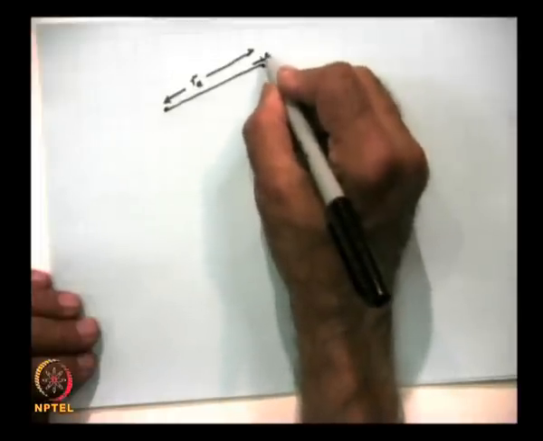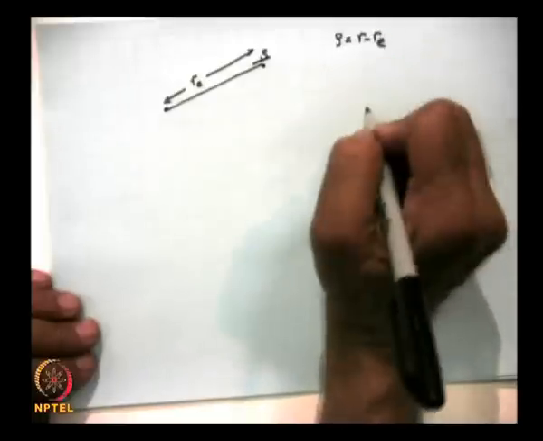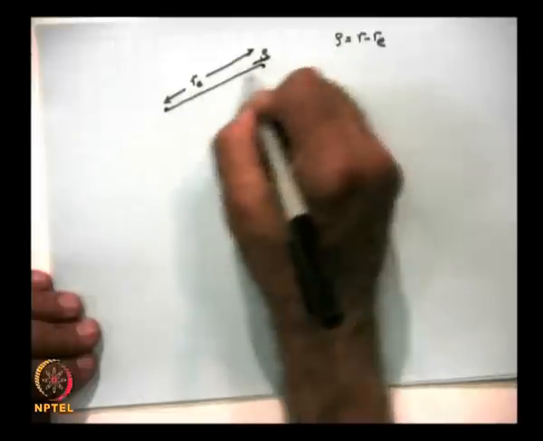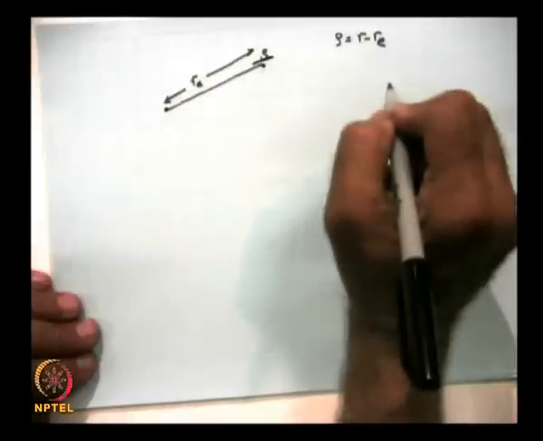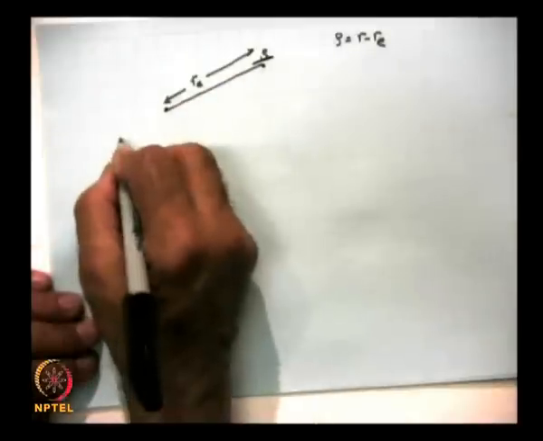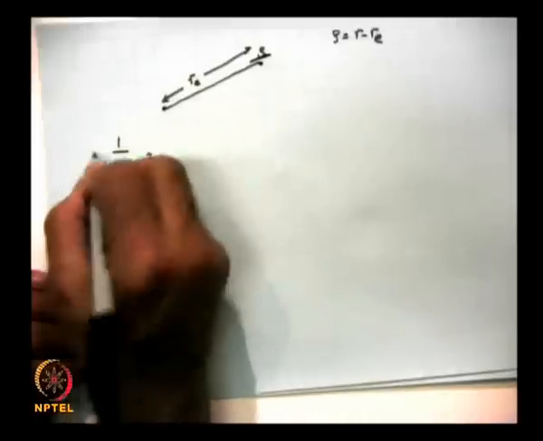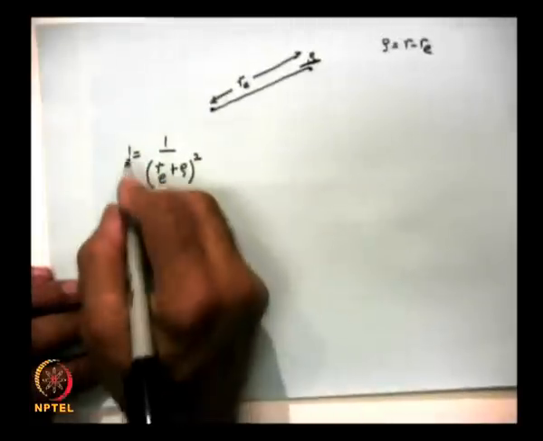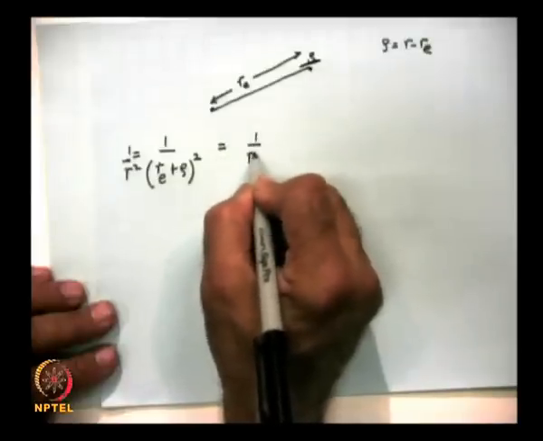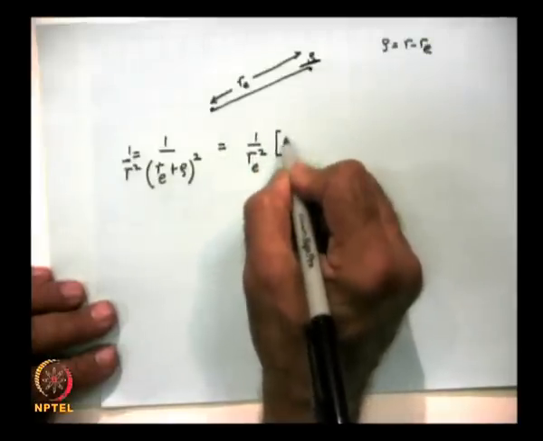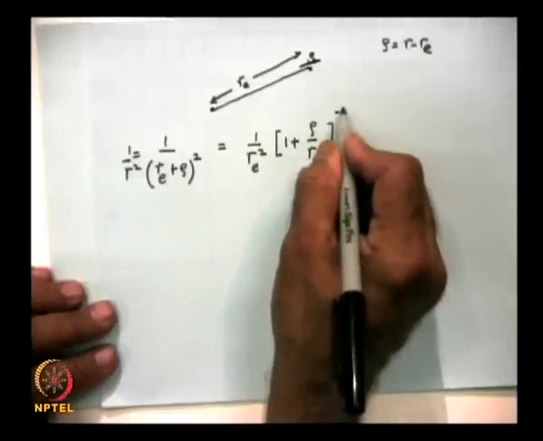But this distance, which I define as rho, because rho is equal to r minus Re, is very small compared to Re if there are small vibrations. So, when I write 1 over Re plus rho whole square, I take Re outside, and you will get 1 plus rho over Re raised to the power of minus 2.